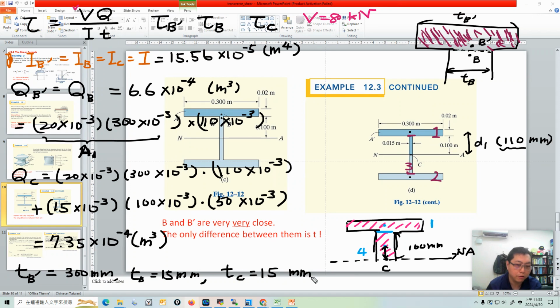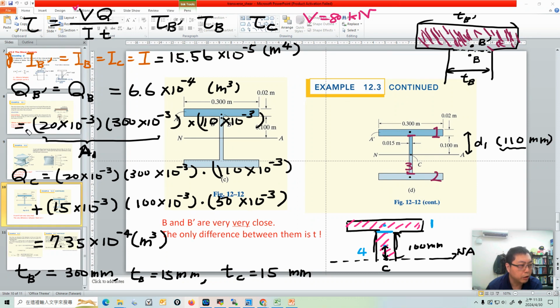Just put everything in the formula. Do I have any space here? Let me see. I need some space, so maybe I just erase some parts of this problem.